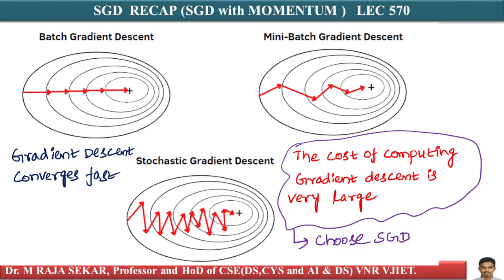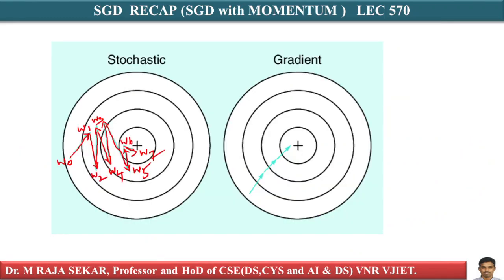Now just see this one, these red lines. In this particular slide I am again comparing stochastic gradient and gradient descent. The red lines that you see are the path that we take if we follow stochastic gradient descent. That is your W0, W1, W2, W3, so on, W7. The dark blue line is your gradient descent path, isn't it?